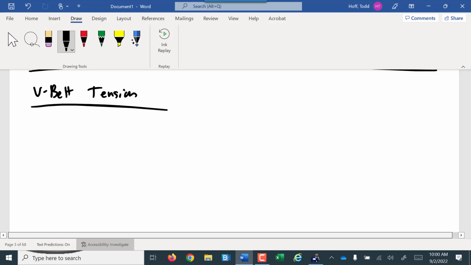Okay, so we talked about proper belt tensioning. A common thing in engineering that comes into belt tensioning is doing a length over a certain factor. I worked in structural engineering where if you have floor trusses or floor joists, it was common to have an L over 240 or L over 120 deflection ratio.